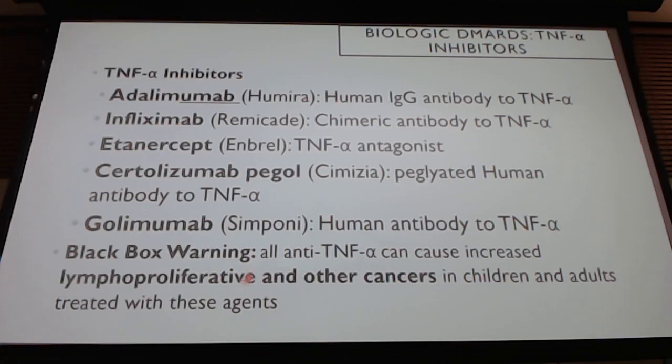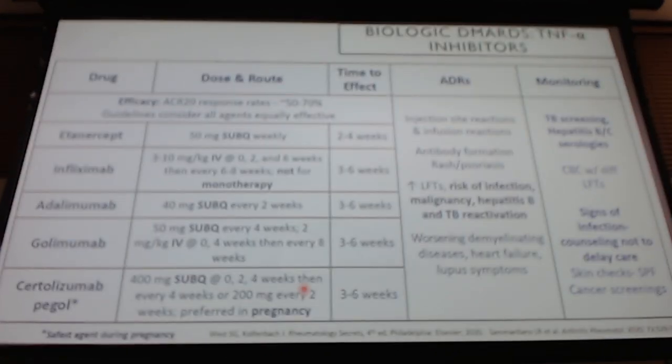Looking at your black box warnings, you can have an increased risk of some cancers for your patient. So that's a big thing we're trying to watch out for, especially if somebody has a history of cancer or a family history. Just be mindful of that. Sometimes this is all that we have to give these patients, so we monitor a lot because it does have a black box warning.